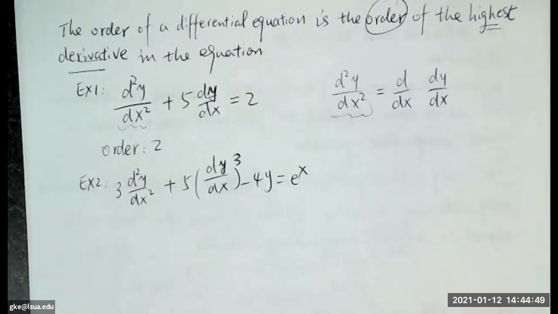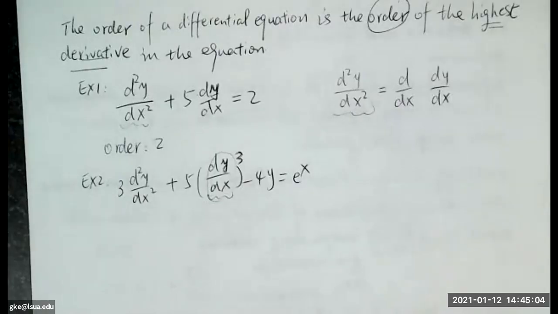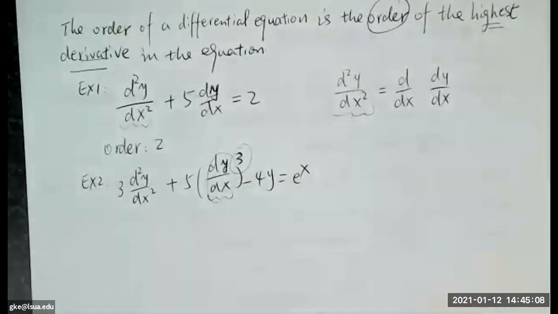Is 2 or 3? 3. Okay. So the answer is 2. Why is that? Take a look. This one, we only do the derivative once. And here is a power.